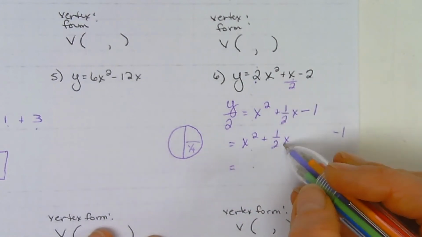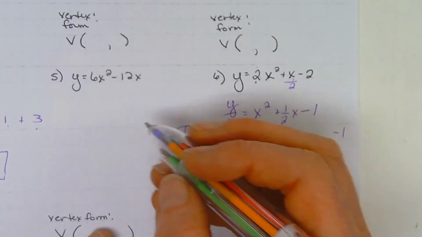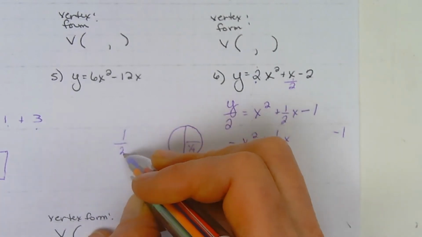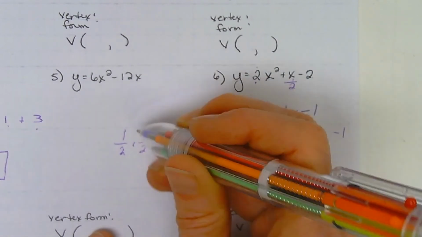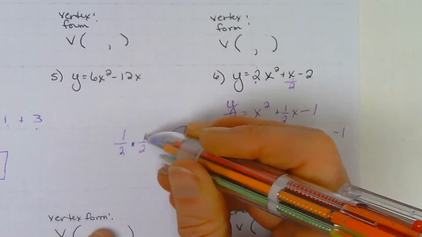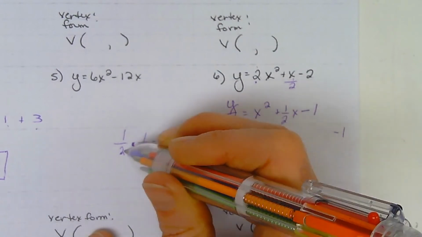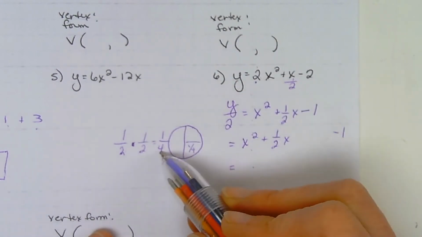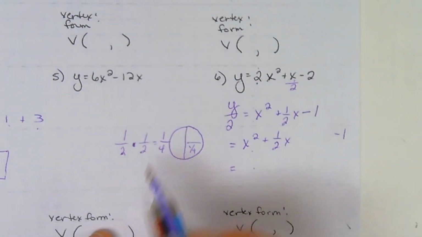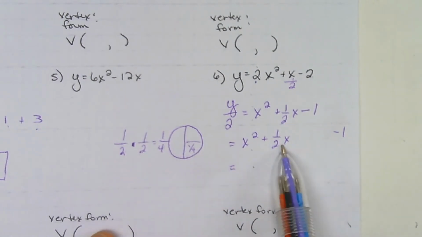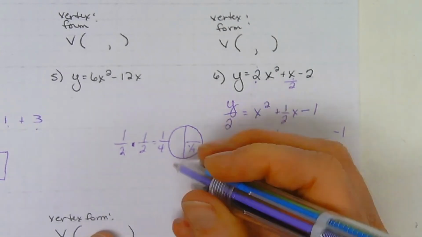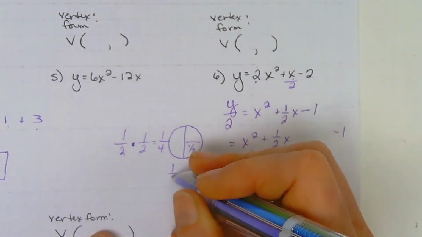Another way to look at half of a half would be 1/2 times 1/2, and that's equal to 1 times 1 is 1, 2 times 2 is 4. So half of a half is 1/4. So we take half of the half, and then we square it.